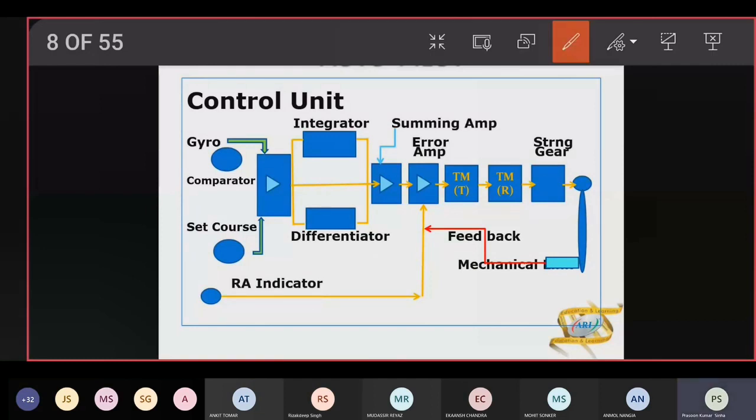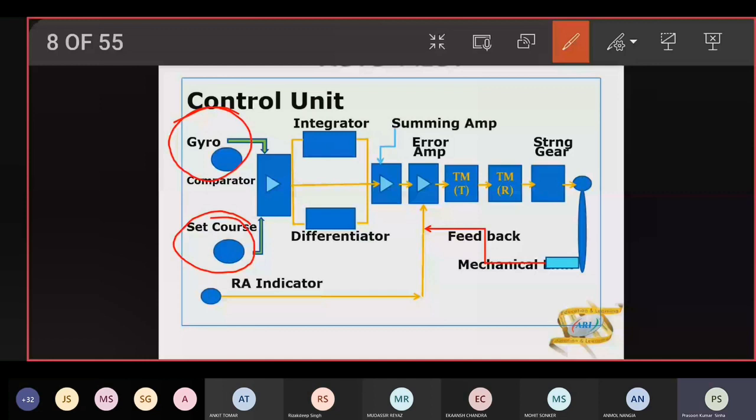The autopilot system has got an input coming from the gyro. What is the course being done right now? Another input coming from the course setting control, जो आप देते हैं.